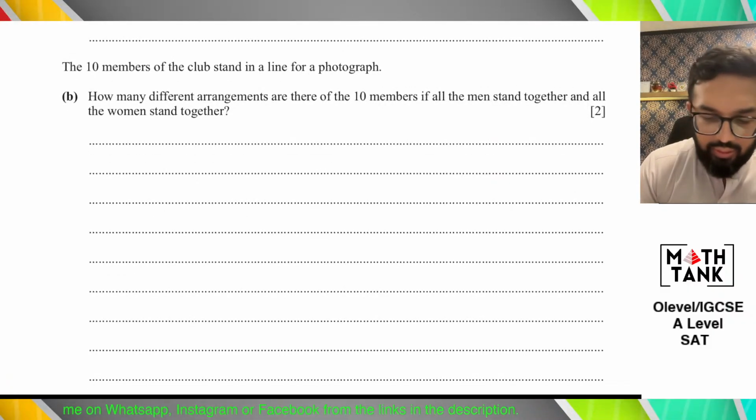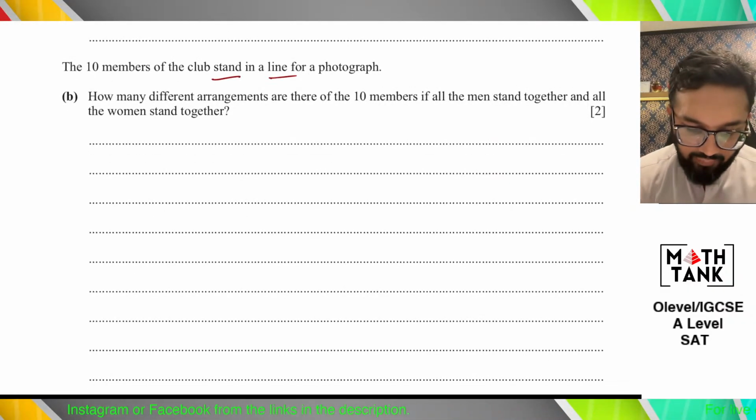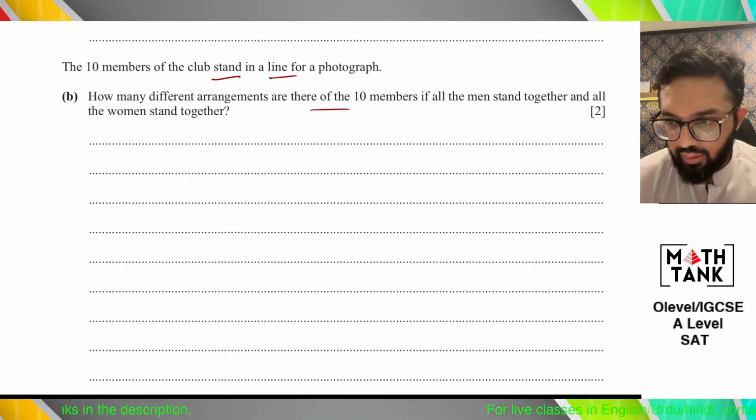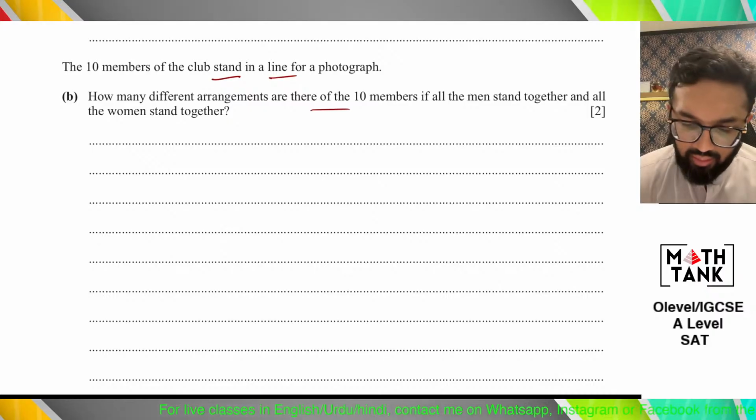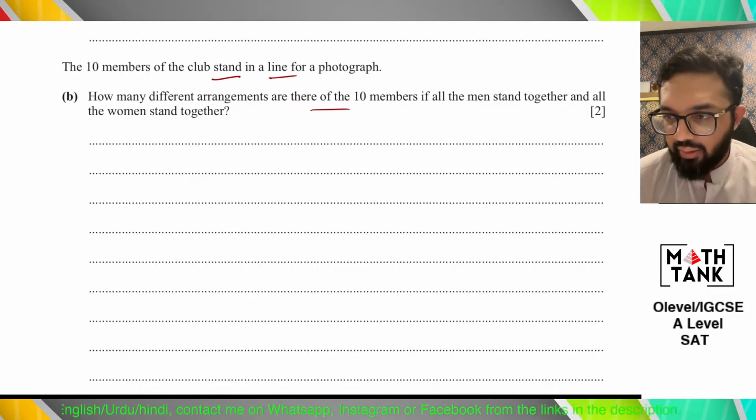The 10 members of the club stand in a line for a photograph. How many different arrangements are there of the 10 members if all the men stand together and all the women stand together?